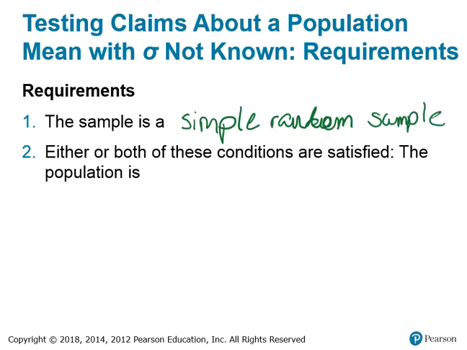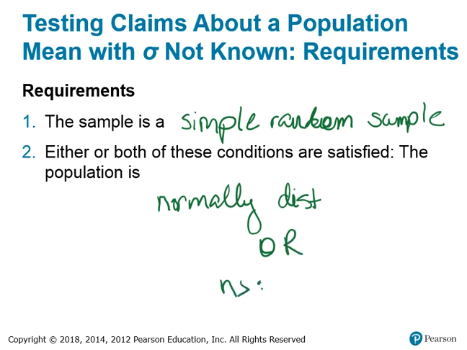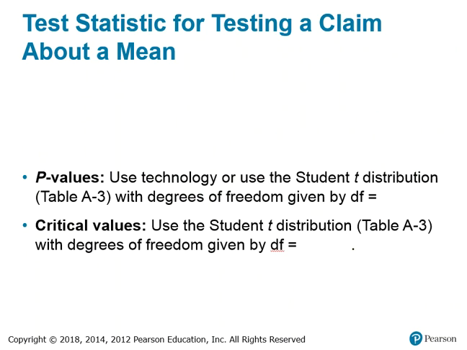And in this case, it either has to be normally distributed, so it has to semi-fit the bell curve, or, so not an and, it can be normally distributed, or we would like our sample size to be greater than 30 subjects. If one of those fits, then we don't have to worry about the other one.